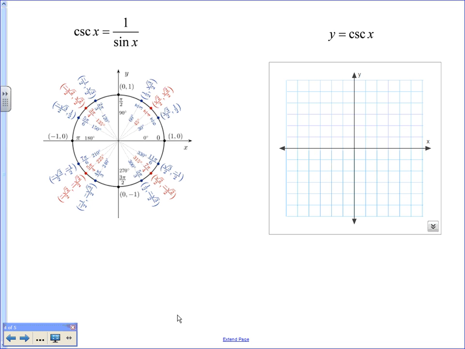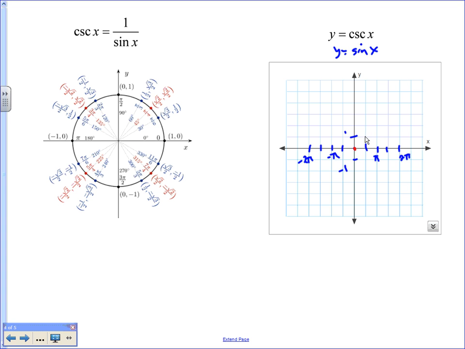Cosecant is going to be related to sine, because it's 1 over sine. So we're going to start off by graphing the graph of sine x as a dotted line. Sine starts at 0, starts in our middle.